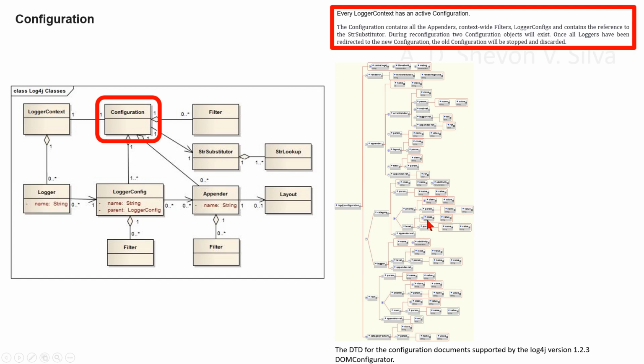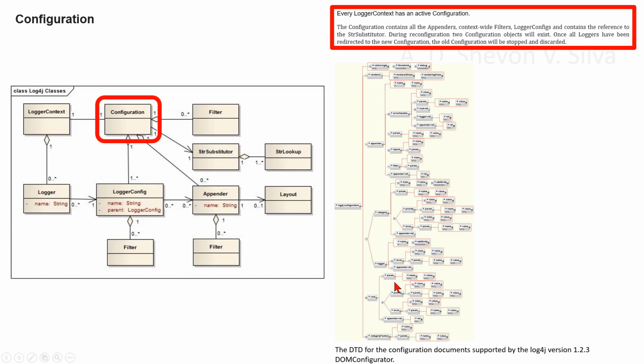Here level interacts with class string and value string, and param interacts with name string and value string. Here the logger interacts with name id and additivity enumeration, and level and appender-ref, and level interacts with class string and value string, and param interacts with name string and value string.